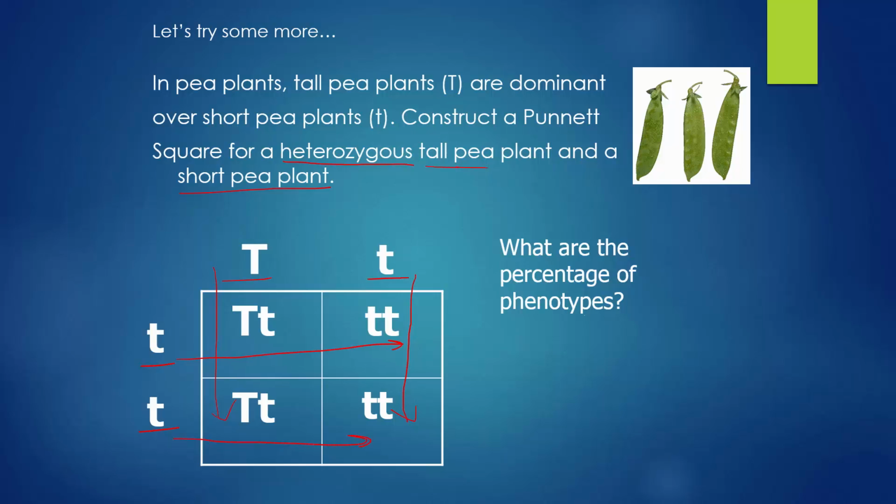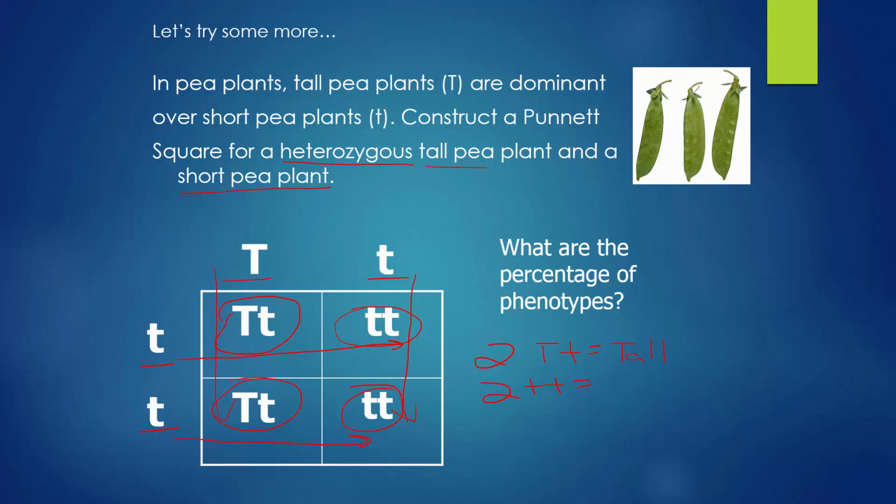So what are the percentage of the phenotypes? Well, I've got one big T, one little t, one little t, one little t, another big T, little t, and another little t, little t. So I'm going to have two big T, little t's, and two little t, little t's, those are our genotypes. Anytime I see a capital letter, I'm getting the dominant, so that means I've got tall.